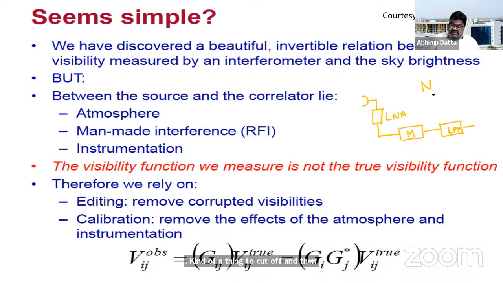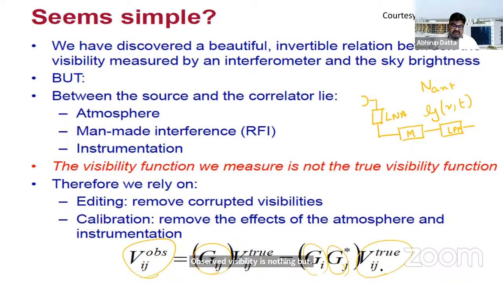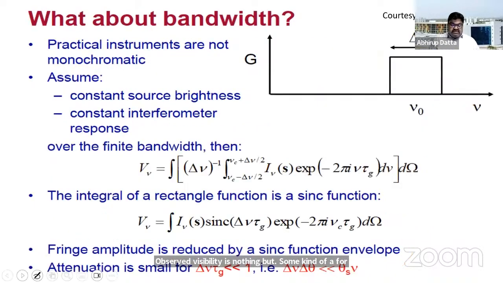Now every antenna has a similar system. So there are electronics involved, which causes variation in the gain, in frequency, and time. So ultimately, that will affect the visibility which is measured. The observed visibility is nothing but some kind of a gain for each of the antennas times the true visibility. So that is taken care of in terms of something we call calibration.